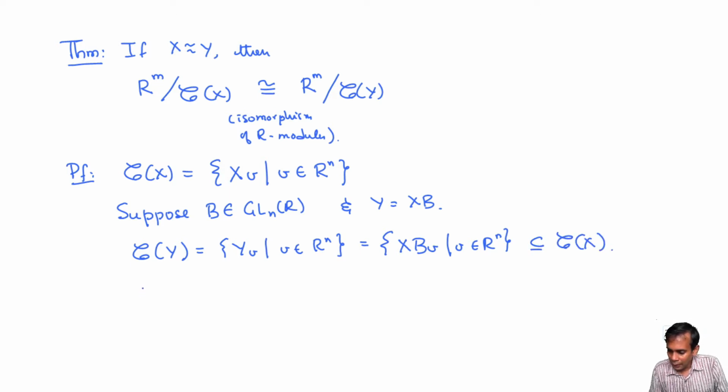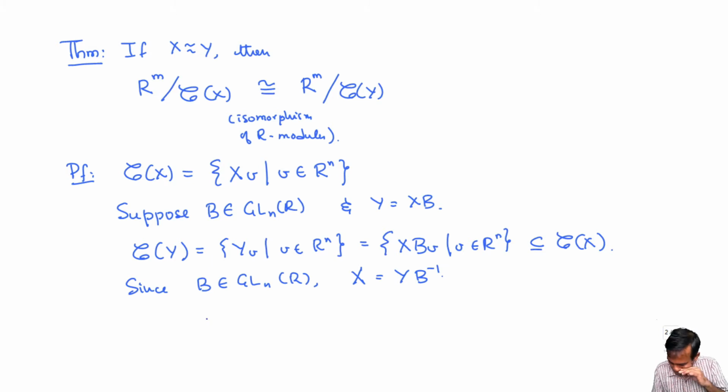Okay, and since B belongs to GL_n(R), B has an inverse. And I can write X equals Y B inverse.